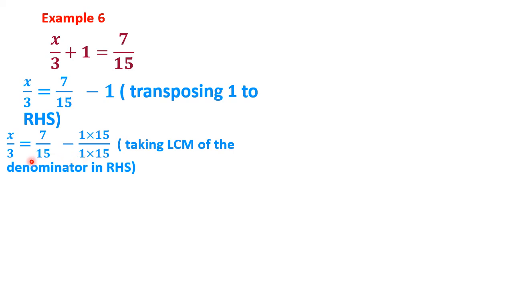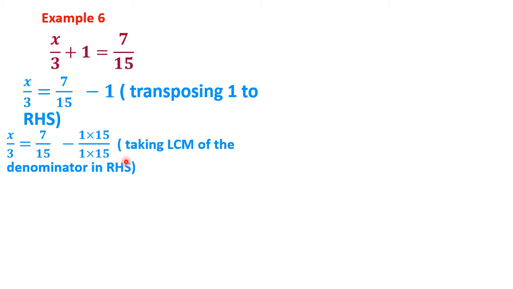Now the second step is to take the LCM of the denominators in RHS. As you can see here, 15 is in the denominator. We have to convert this 1 in the denominator into 15. So in order to convert 1 into 15, we'll multiply by 15 both in numerator and denominator, as per the rule of equivalent fractions.